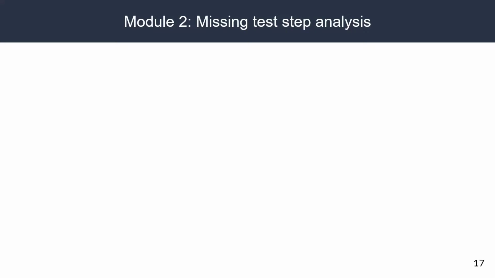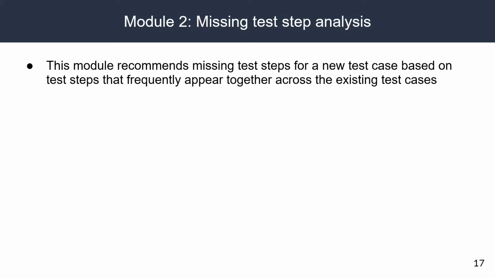I'm going to go quickly through the second and third modules. The second module is about the missing test steps in a new test case. This module recommends missing steps for a new test case based on the steps that frequently appear together across the existing test cases.